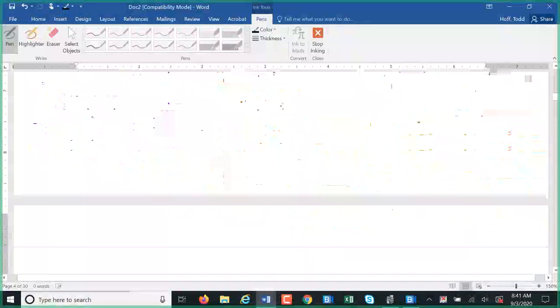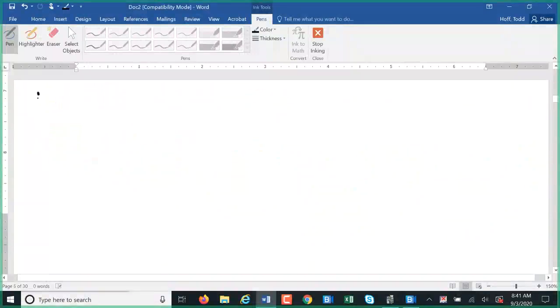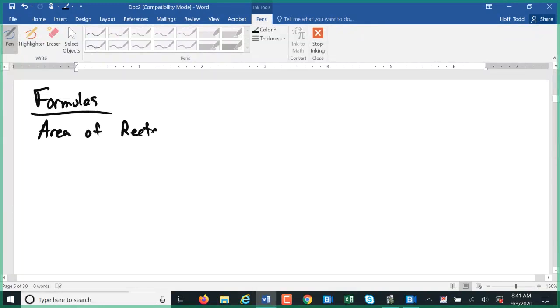So the purpose of doing all those yesterdays was to apply formulas. And we discovered a few formulas. One was the area of a rectangle, which gave us the formula that area is length times width. And we were just taking our rectangle from our figure, from our drawing, and putting the length and width in.